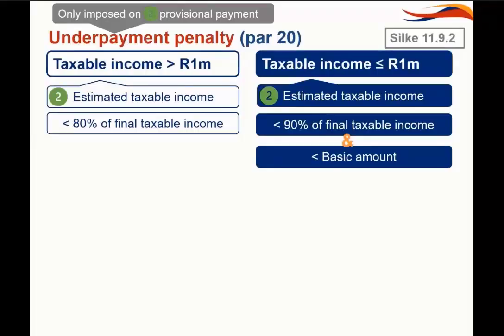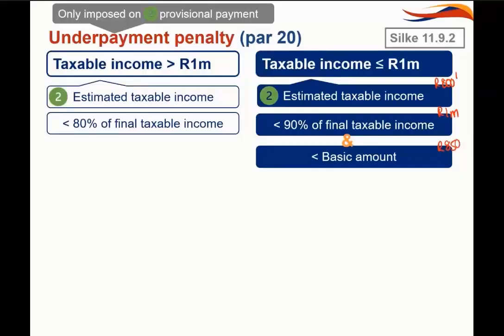Let's say I had final taxable income of, let's make it 1 million exactly. Okay, so 1 million. If my estimate was sitting at, let's say, 800,000, and my basic amount was 850,000.